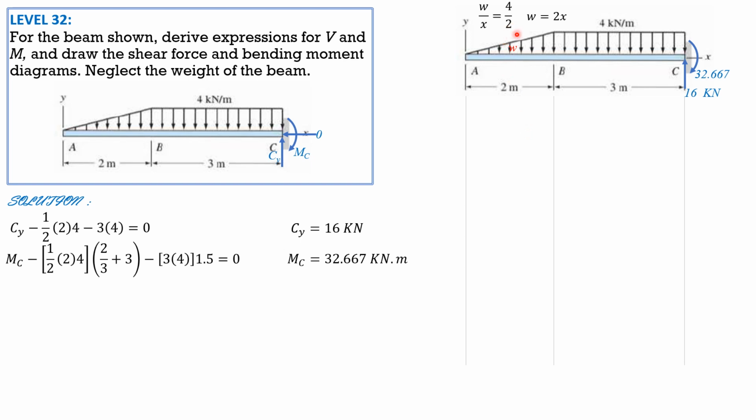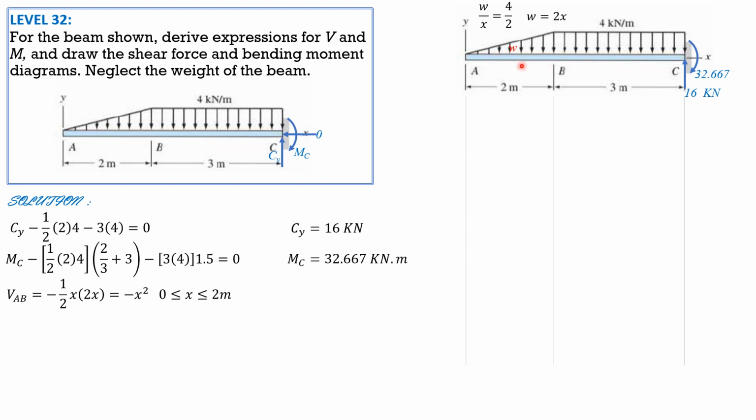So as I said, shear plus 1/2 of x times W, the area of this triangle, equals 0. So shear in this section AB is negative 1/2 of x times W, which is 2x. So shear AB is negative 1/2 of x times 2x, so it is negative x squared. Applicable for 0 less than x less than 2 meters.